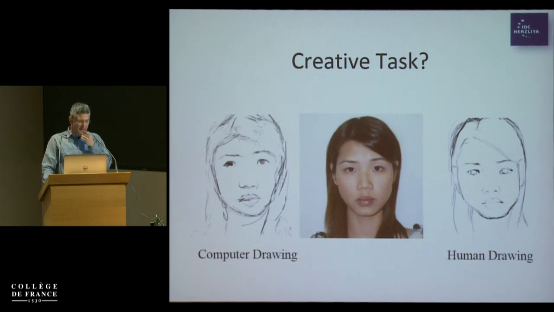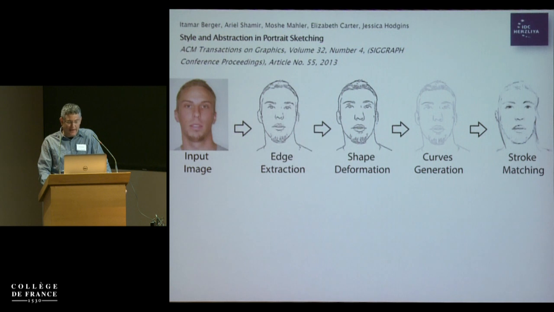And this is basically a work that I'm not going to talk about in detail, because this work is an automatic way of creating portraits by a computer. So I'm just going to describe shortly the way that we go about doing this. First of all, taking an image, you extract the edges, as John was telling us.